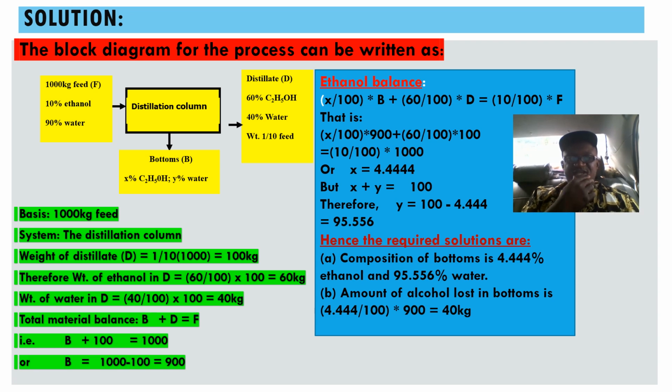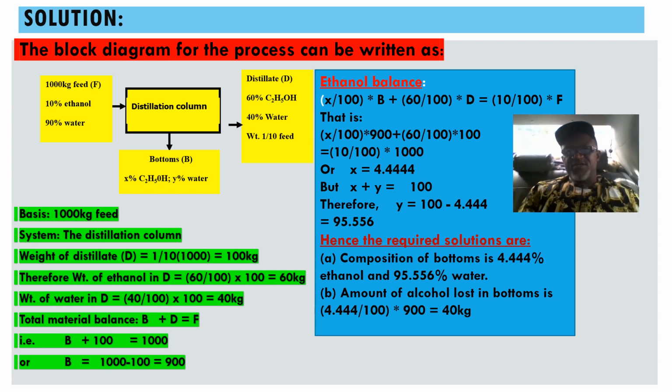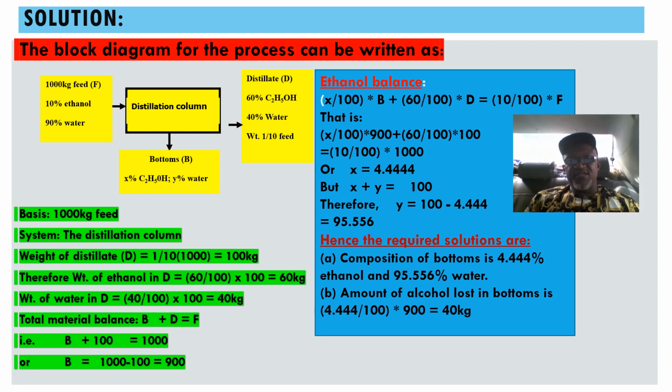We want to check the ethanol in B, the ethanol in D, and the ethanol in F. So you can see in the bottoms, we have X/100, we don't know what X is, multiplied by B, plus, in the distillate, it is 60%, 60/100, multiplied by D. Of course, in the feed, it is 10%, so 10/100 multiplied by F. So we now solve that.